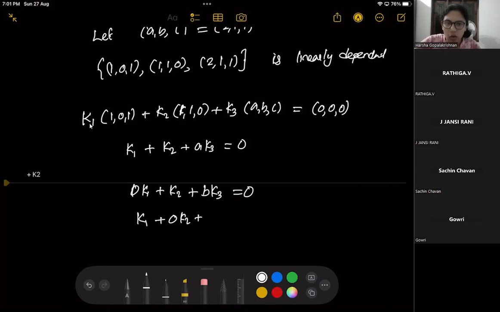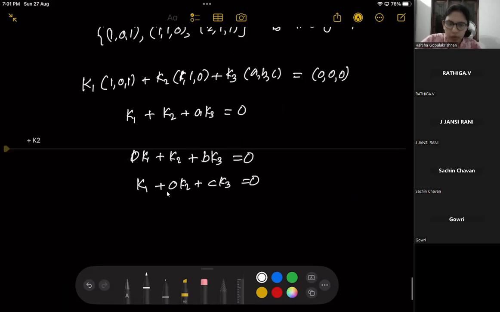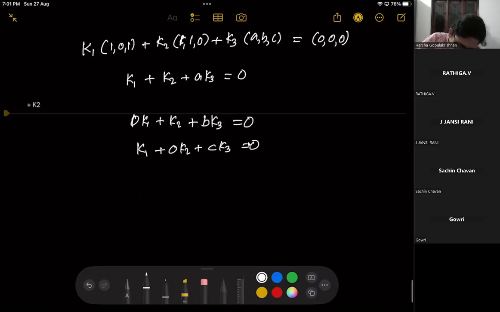So I'm just adding all the three coordinates. Okay. So I will get this, and in the next stage I will write it in matrix form. Okay. So what I will get is 1, 1, A; 0, 1, B; and 1, 0, C into K1, K2, K3.